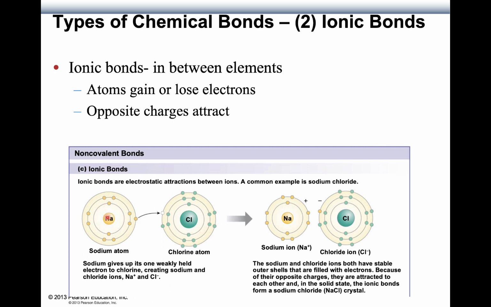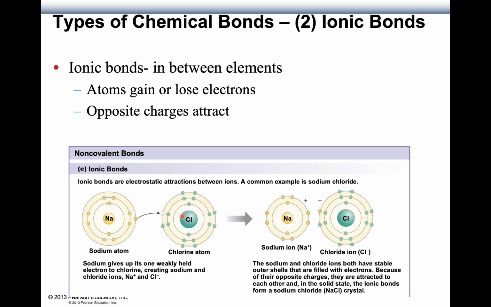So here's sodium, and here's sodium's outermost shell. It only has 1 electron. So sodium either needs to find 7 electrons to gain or lose this 1 electron so we can drop down to this next full energy level. Chloride has 7 electrons in its outermost shell, so it can either kick off the 7 or just gain 1.